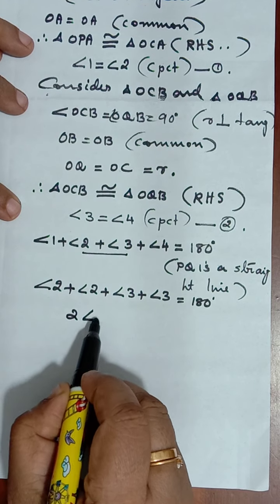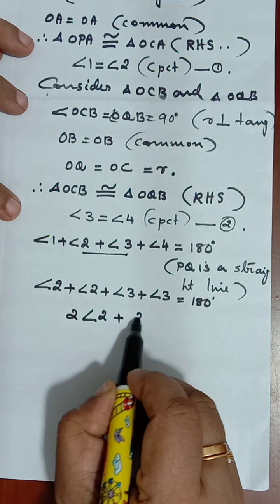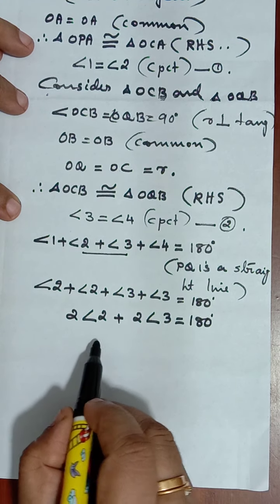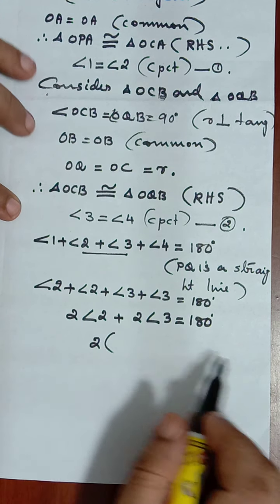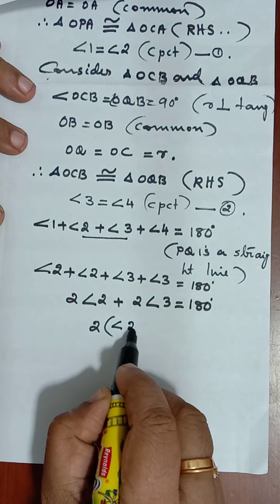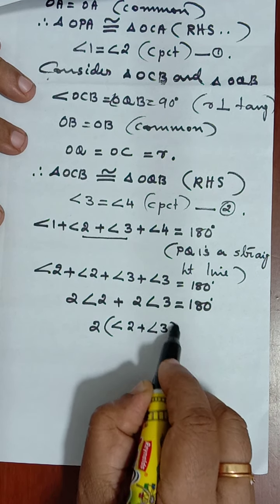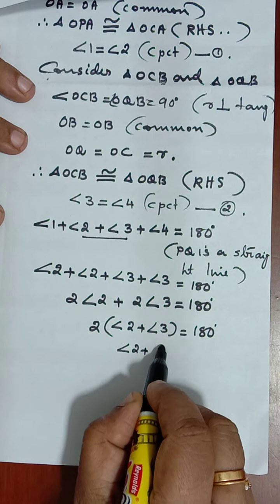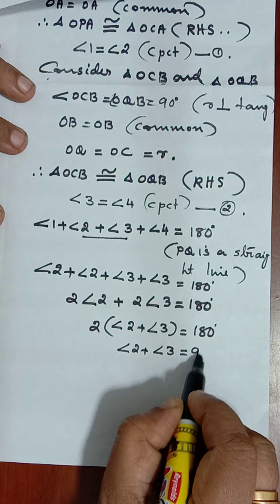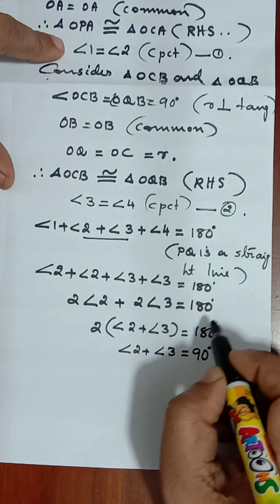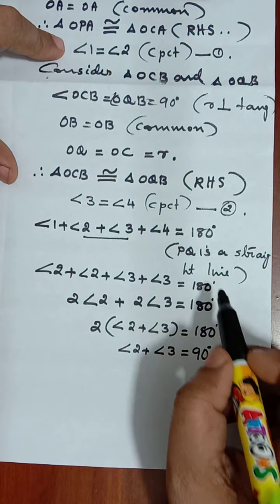How many times 2 comes? 2 times angle 2 plus 2 times angle 3 equal to 180 degree. That means take out 2. What do we get then? It is 2 into angle 2 plus angle 3 equal to 180. Therefore, angle 2 plus angle 3 is equal to 90 degree. Here we have to write the reason. We have changed 1 and 4.